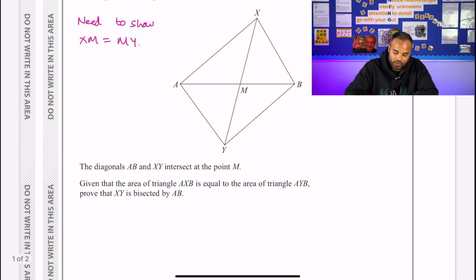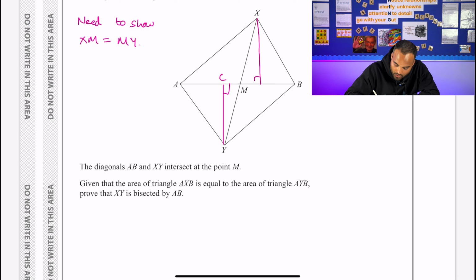Now what I'm going to do is drop a perpendicular line down from here to here. I'm going to call this point C, and hopefully you can see that we now have a right angle triangle. I'm going to draw another perpendicular line from X down here. That's a right angle.